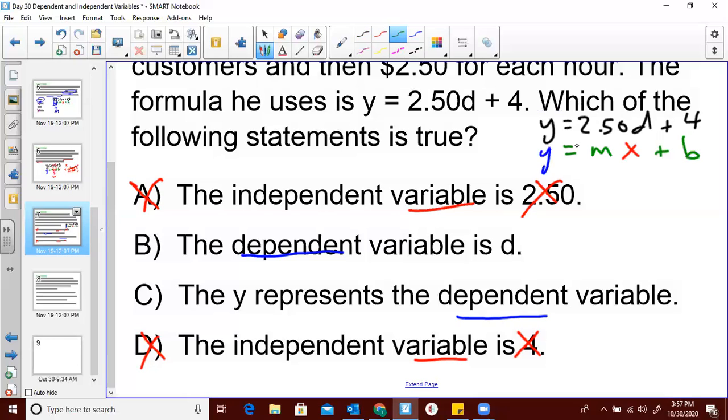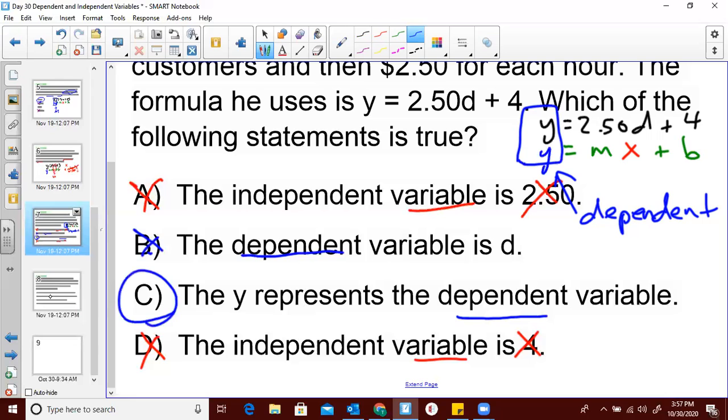Well, we know that our y is going to be dependent, and that's what we're looking for. And you can see that when we box it in, the y's match up. So the y from the equation they gave us is actually the y that we would use in our generic formula. So the dependent variable is D. No, thank you. Y represents the dependent variable. C would be our correct answer.